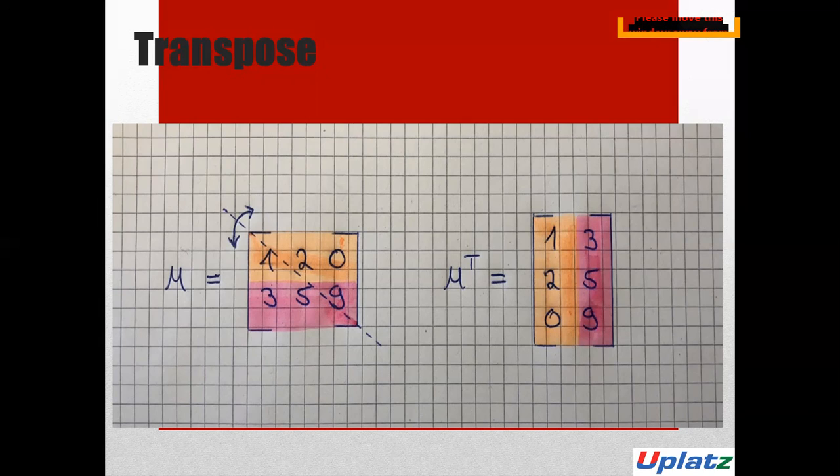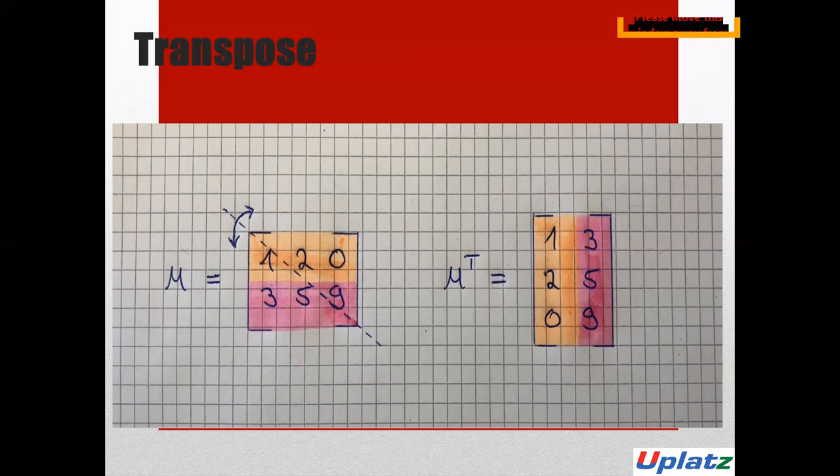It is fairly simple to get the transpose of a matrix. Its first column is the first row of the transpose, and second column is the second row of the transpose. Similarly, the third column becomes the third row of the transpose.